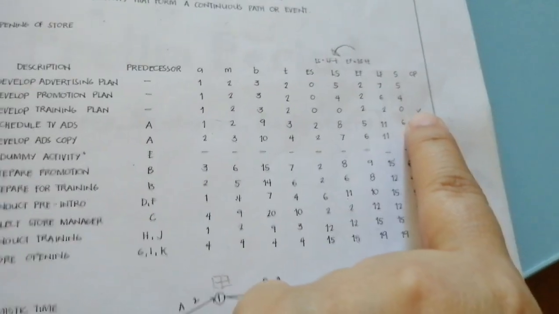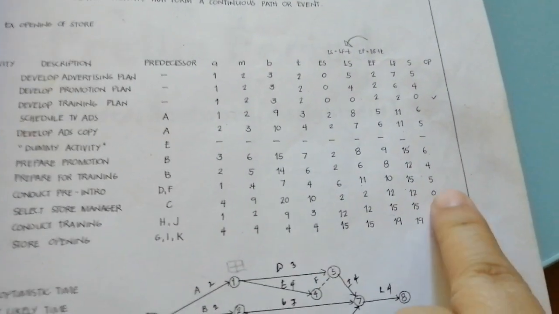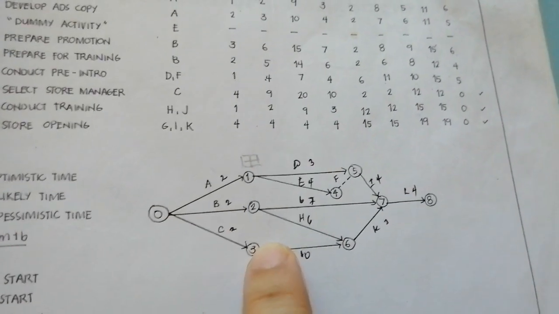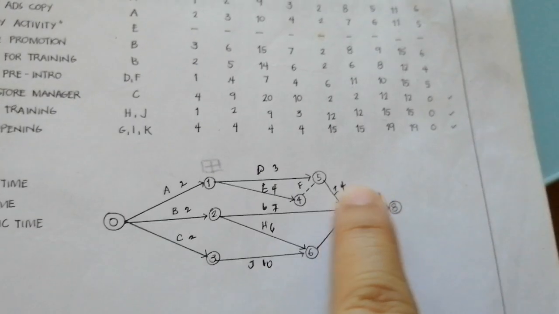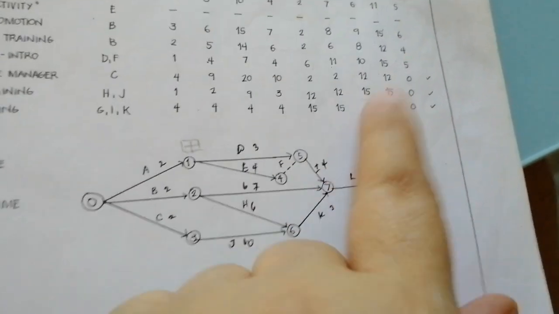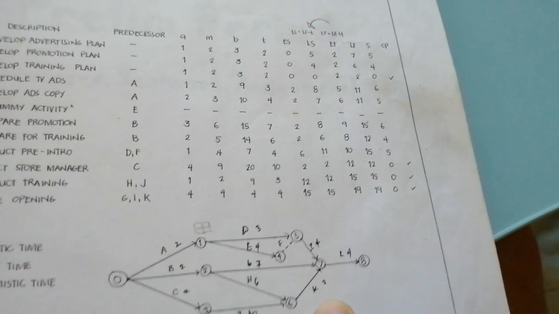So if you try to look, C has 0, ano pa? J, K, and L. So, meaning itong path na to, C, J, K, and L. If you try to add all the time here, it's 19. It's the same as what you have in your LF and EF. So, 19 weeks ang total completion time.